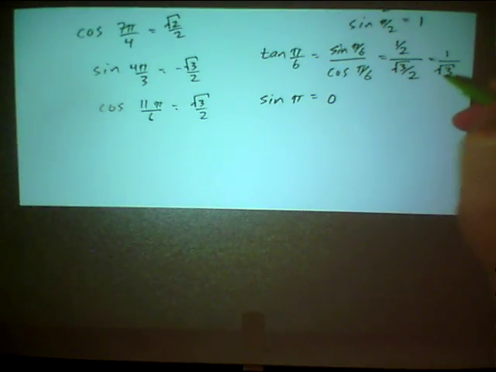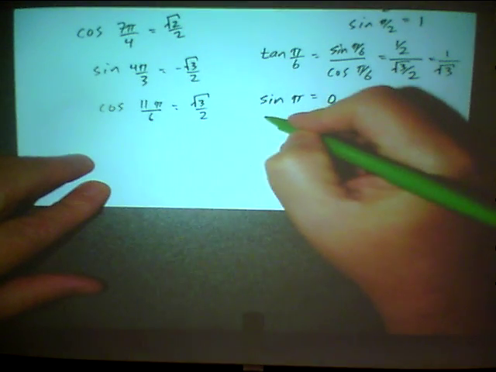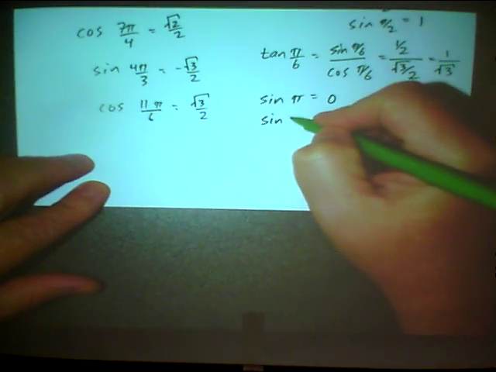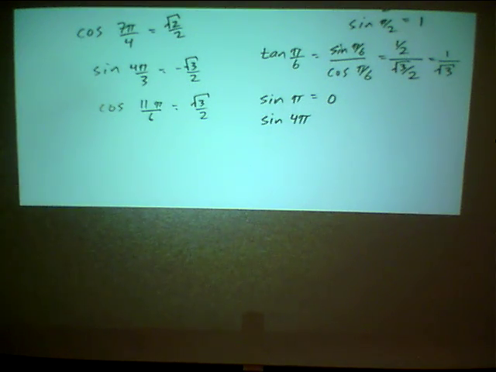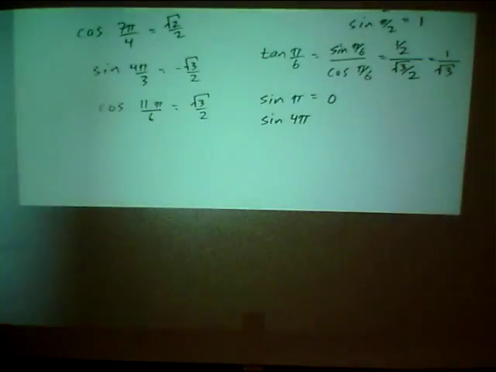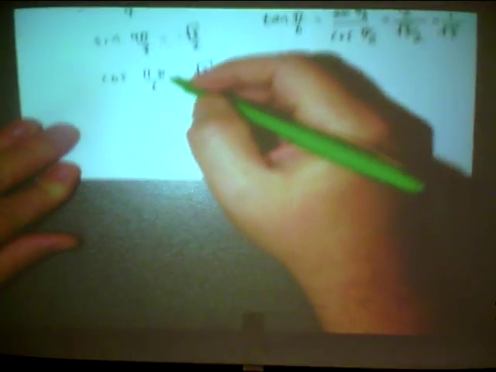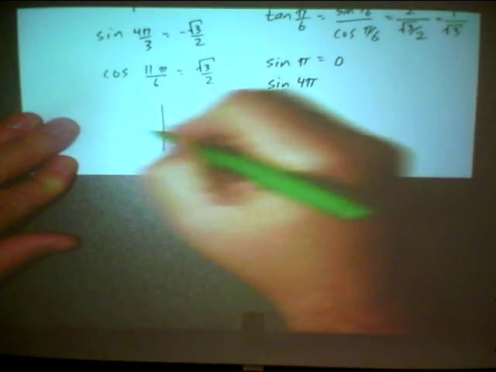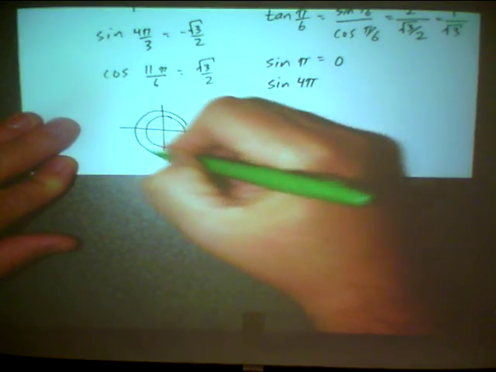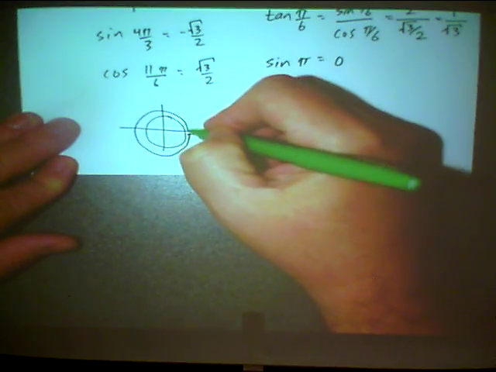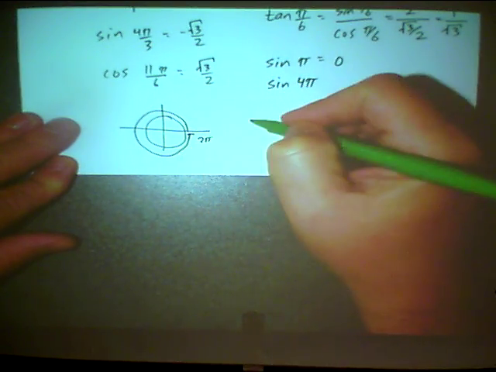But here's what they're going to do. Sometimes they'll say the sine of 4π. Well, the sine of 4π means your angle is 4π. When you think about your unit circle, we know one trip all the way around the unit circle is 2π.